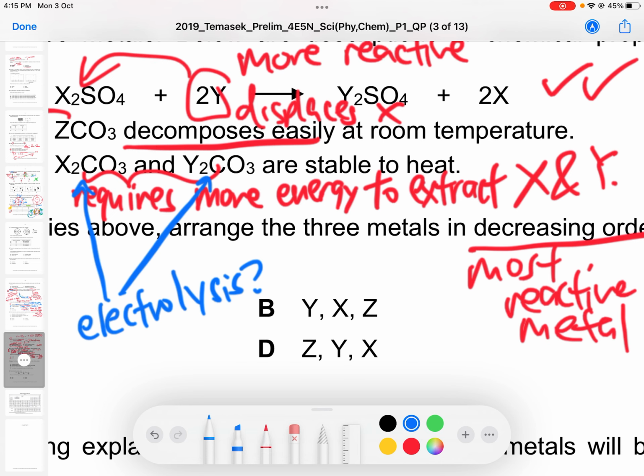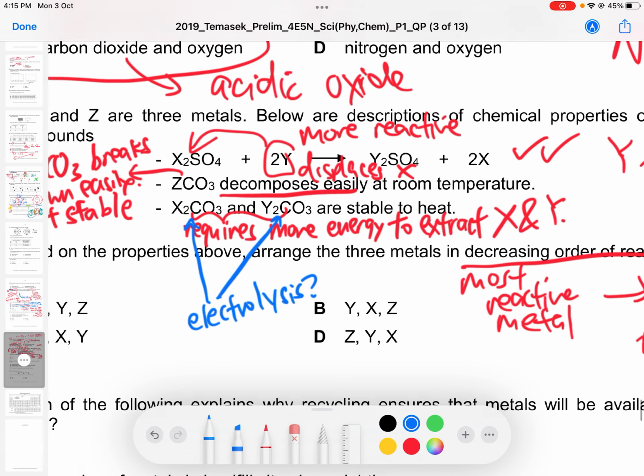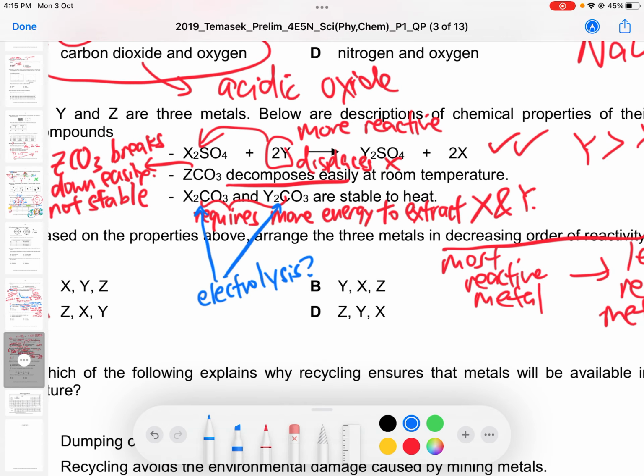It's not enough to break them down. So from here you can see that Z is definitely less stable, less reactive than X and Y. So Z is less stable, least reactive.